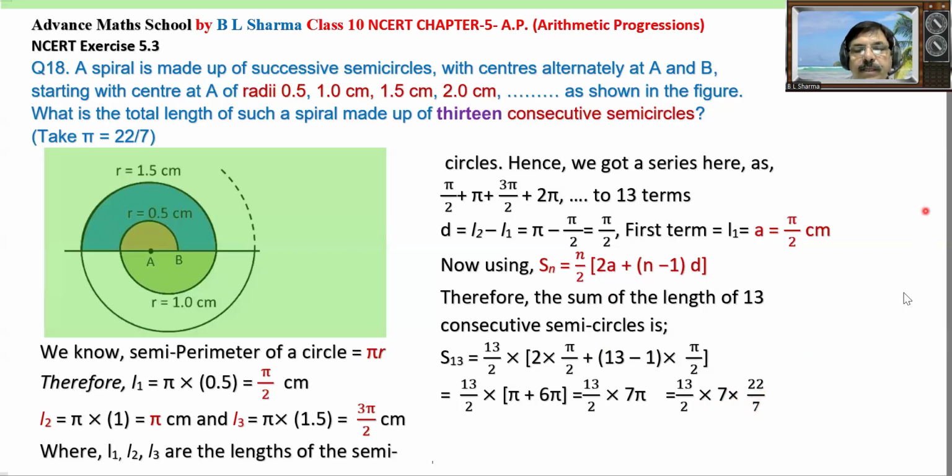So it is 13 into 11. That is 143 centimeter, and that's all for this question.